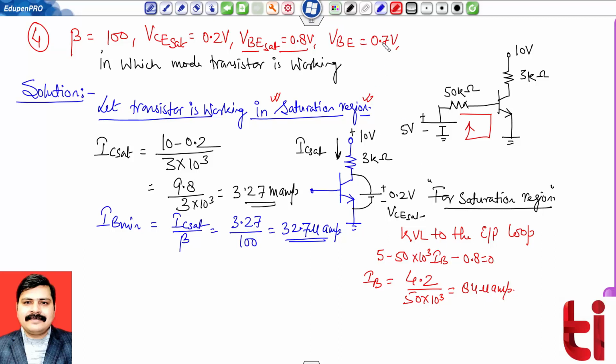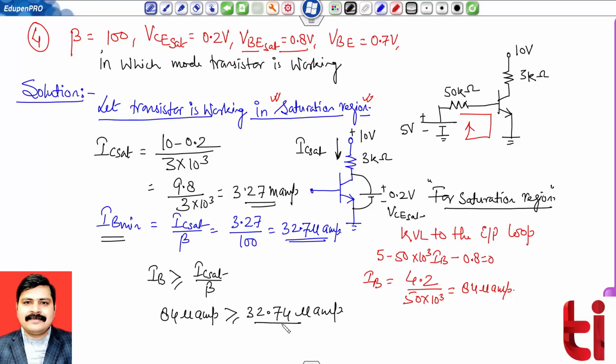So the sufficient condition for saturation region is I have to check whether my IB is greater than or equal to IC set upon beta or not. So we have checked the value of IB, just calculated 84 microampere, and IC set upon beta, that is my IB min, we have just calculated its value, it is 32.74 microampere.